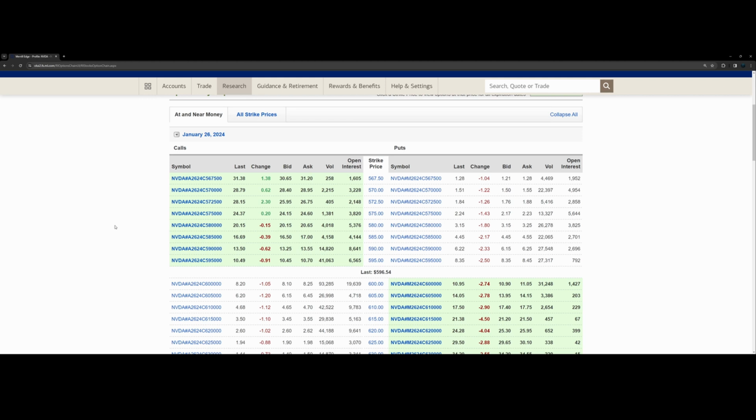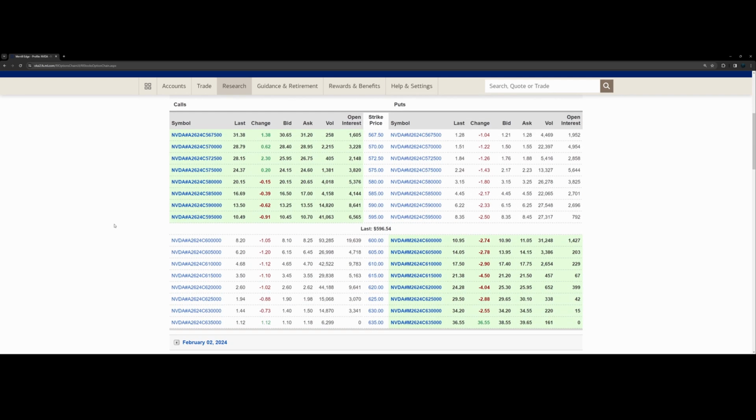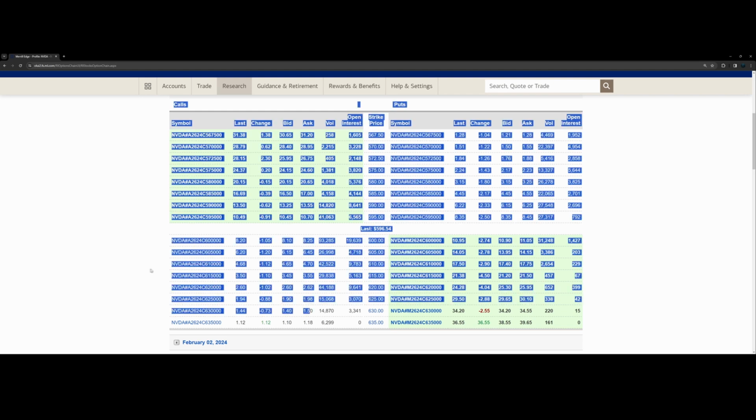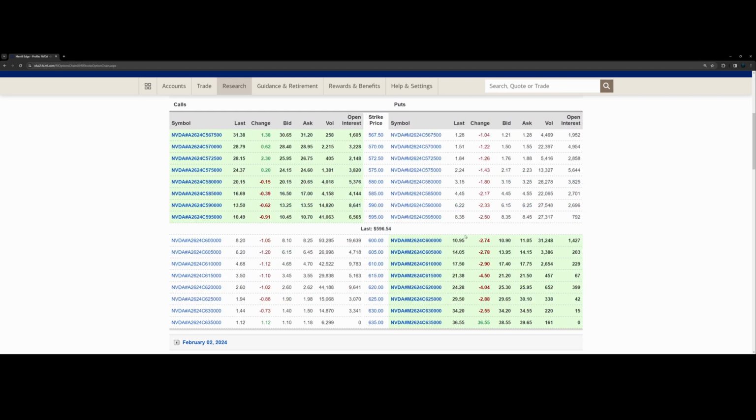Anything above that strike price is considered out of the money and usually are highlighted in red. In this case, this platform is not highlighting them in red. So these are out of the money, the green are in the money. Exactly opposite for puts. The color coding helps easily identify whether an option is in or out of the money.